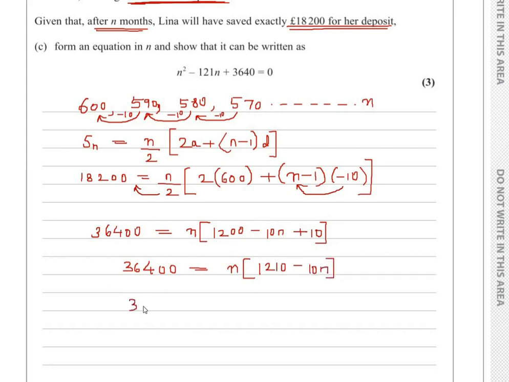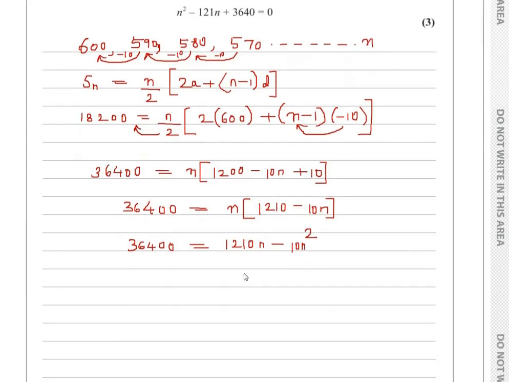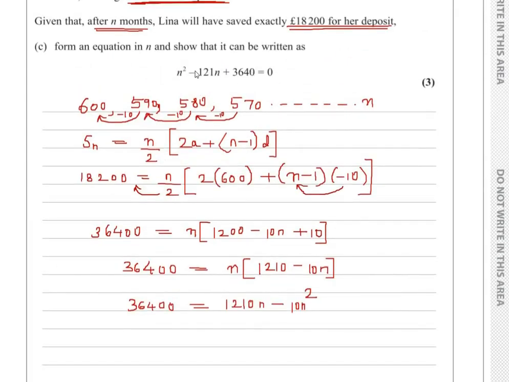Further solving it, 36,400 equals, let us distribute now, it becomes 1210n, and n with minus 10n gives you minus 10n squared. Now, in the equation given, we can see that the n squared term is positive, but we got it as negative.